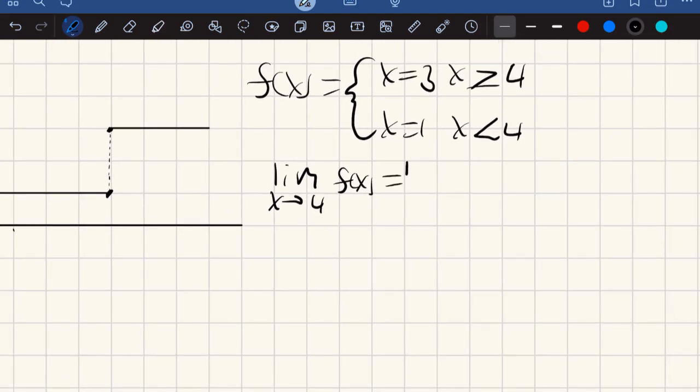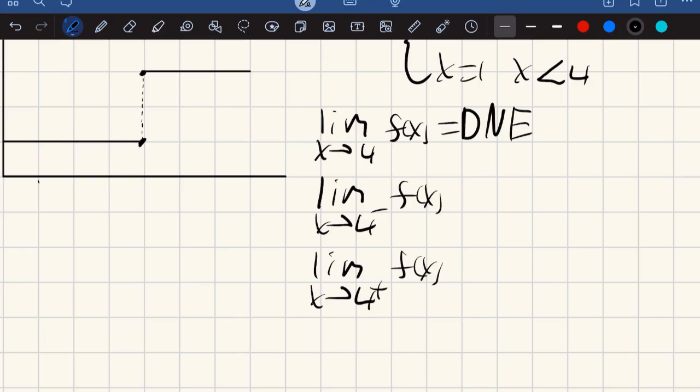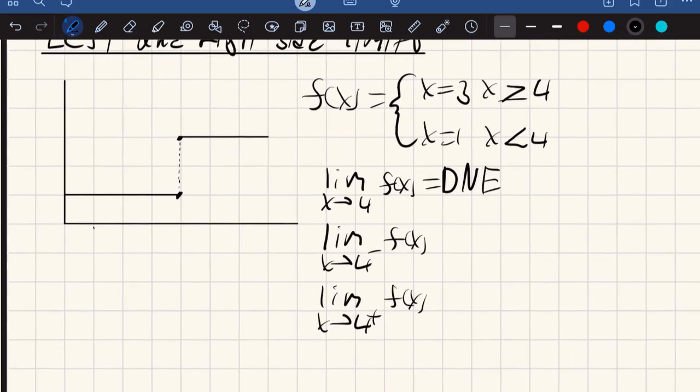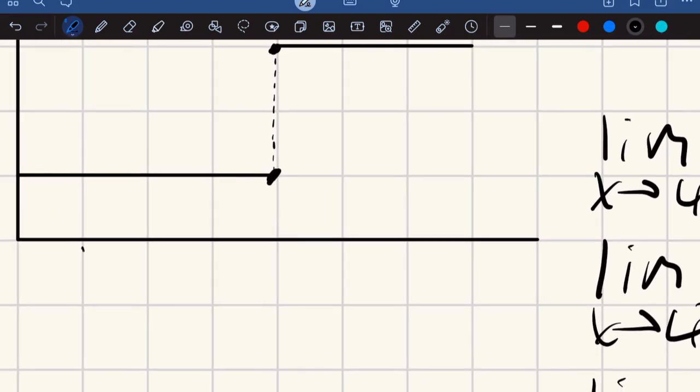For right now, I won't tell you why, but it does not exist. We have to consider the left side and right side limits. So for the left side, we just go left of our a value, which is 4, and we could see it's going to be 1.